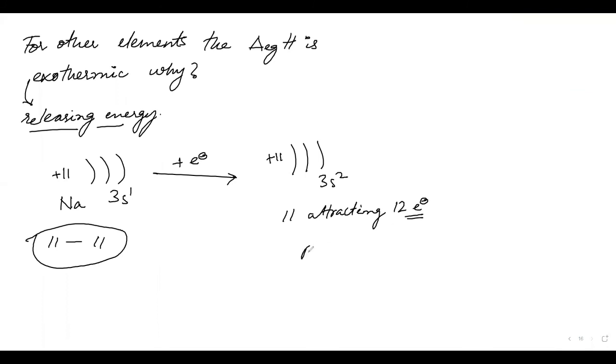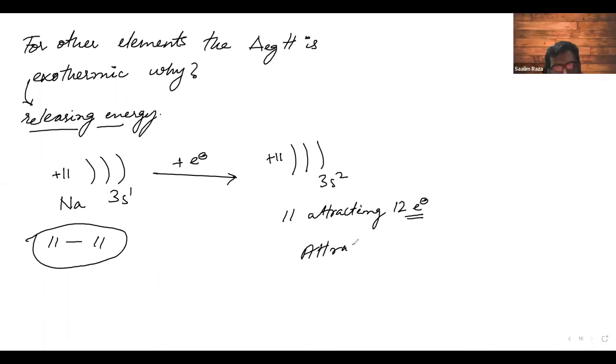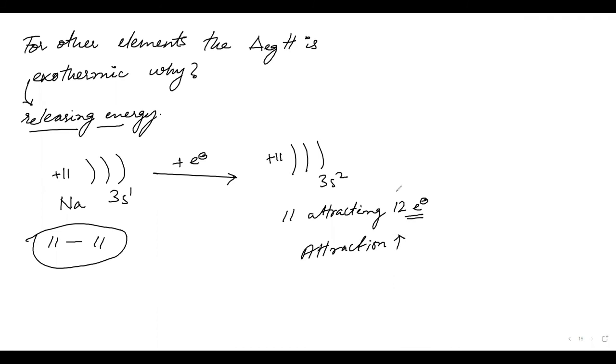So the attraction increases. Total attraction increases, not the attraction to this last electron, total attraction. There were 11 entities attracting. Now we have 11 attracting 12 entities.